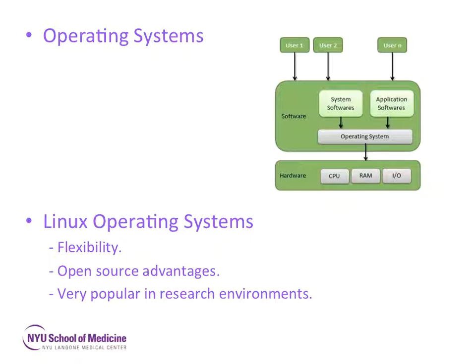You run a piece of software, and this software communicates with the operating system, and the operating system, at a very low level, communicates with the CPU, RAM, and the I/O on the system.